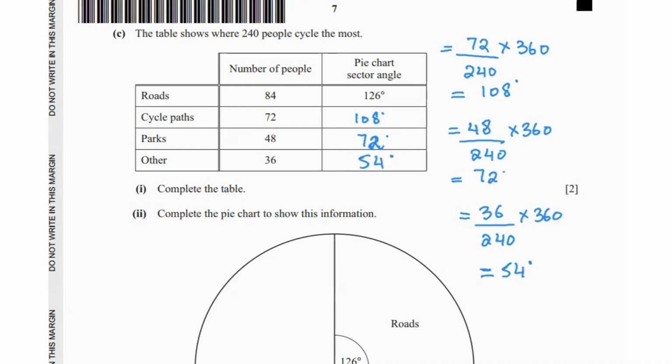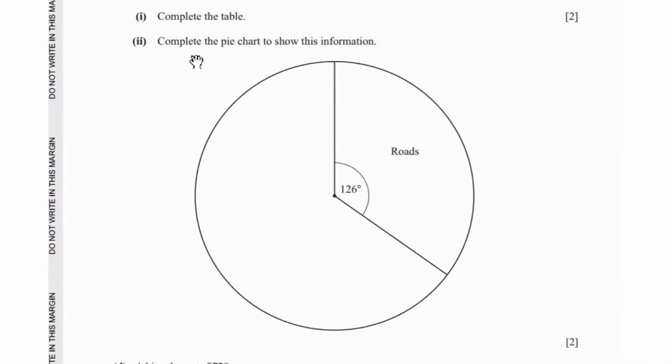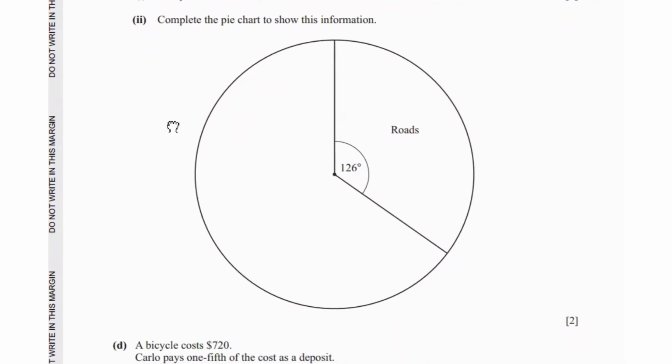These are the angles. It says complete the pie chart to show this information. So to show this information, I'm going to show you how to draw the angles for each of the sectors that we just found.